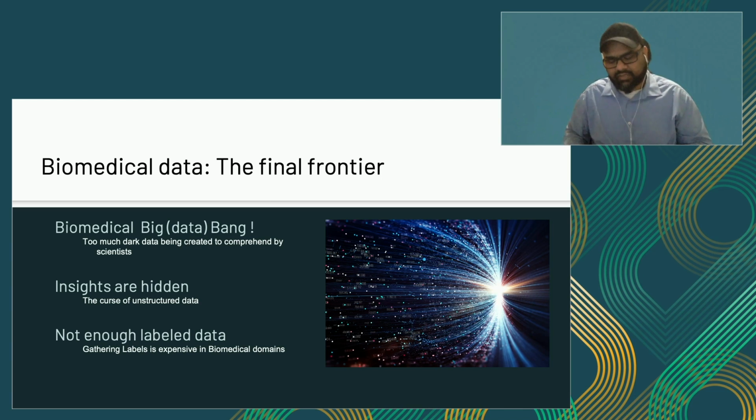And the other downside, as you would imagine, not just in the biomedical space but in almost any vertical, is that 90+% of the available data is unlabeled, so you're mostly dealing with unstructured or unlabeled data. These are the problems inherent in the space itself.